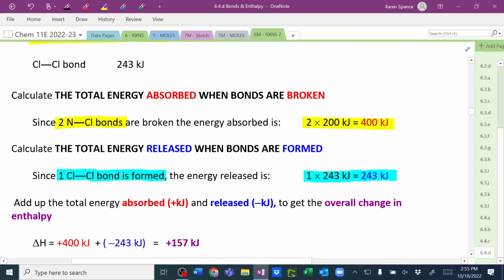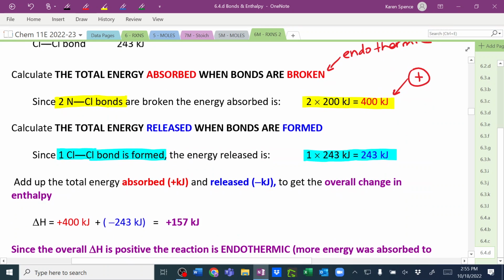So this is the energy absorbed to break the bonds, right? Because bond breaking is always endothermic, and so that value is going to be positive. Does that make sense? Because we've broken those, that's a positive value.